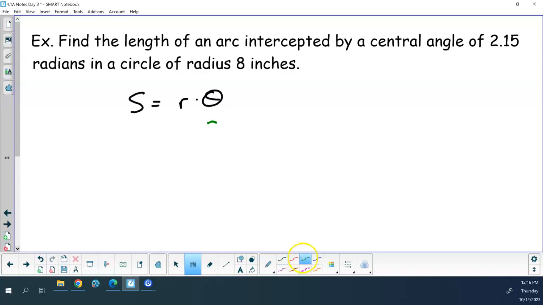So that's going to be 2.15 there. My radius is 8. That's going to go there. 8 times 2.15. I'm going to go with 7.2. 17, yeah, sorry. 17. I've got to carry the 1. Inches is my label.